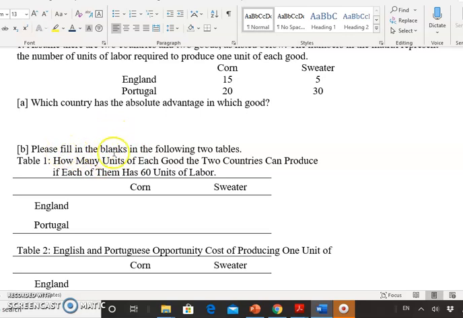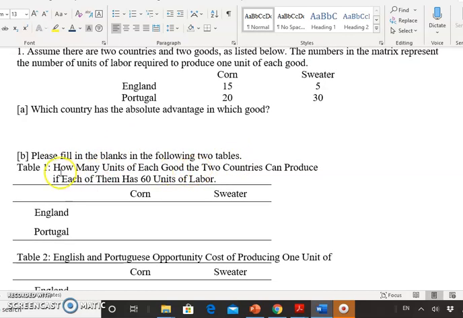Part B, please fill in the blank in the following two tables. Table 1, how many units of each good the two countries can produce if each of them has 60 units of labor? Now here, to proceed with our numerical analysis, we have to give you the size of these two economies.